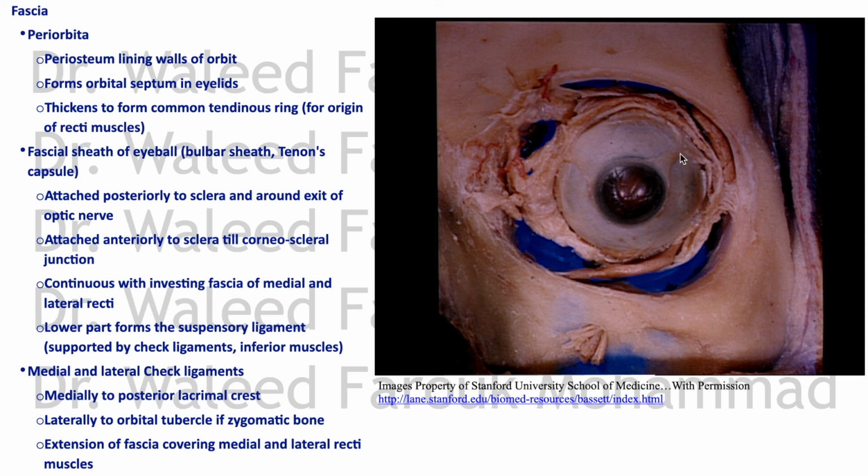And remember, we said about the lining periosteum that together with the outer periosteum, they send a fold extension in the upper and lower eyelids to form the orbital septum. Remember these. Okay, so the periorbita and the fascial sheath of the eye, and the medial and lateral check ligaments.